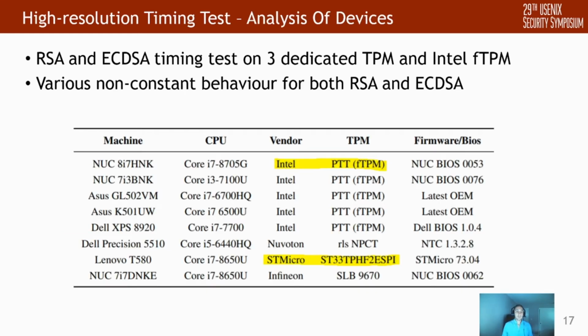So we also looked at some other TPM devices, and we tested a bunch of laptops and desktop computers we had in the lab. Some of these devices were using the same Intel PTT technology, but some of them had their own dedicated trusted platform module. With the dedicated ones, we actually found that another one also has similar vulnerabilities.